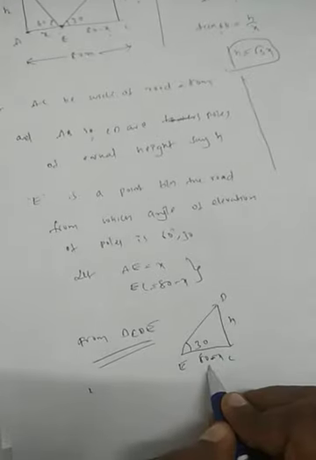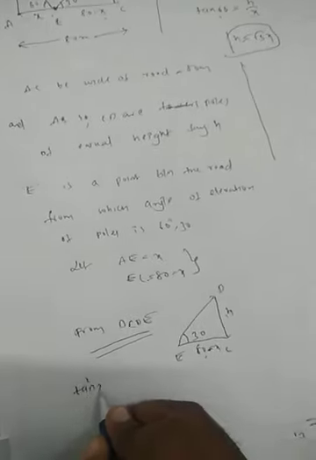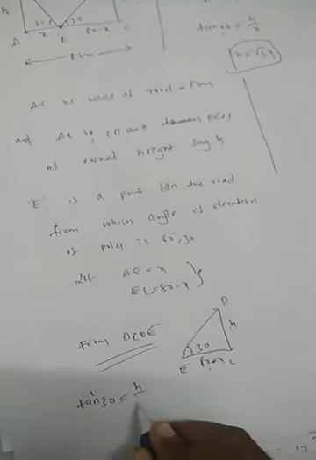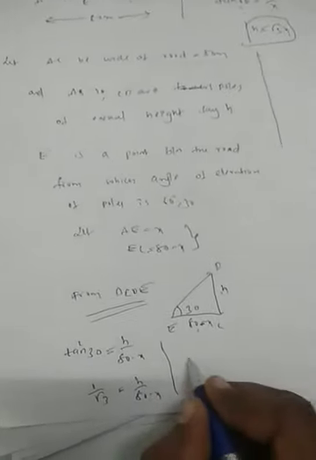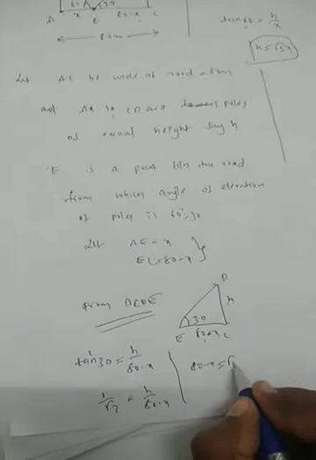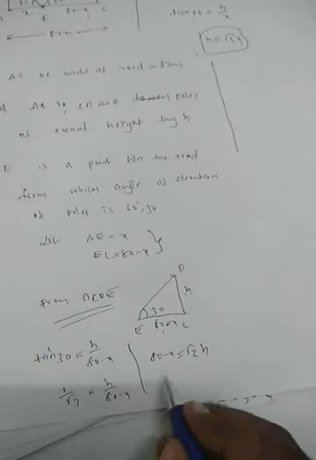We want these two values, so we need to consider the relation between these two only. Tan 30 is 1 by root 3, equal to h by 80 minus x. Cross multiplying, 80 minus x is equal to root 3 h. We got the h value as root 3 x already.